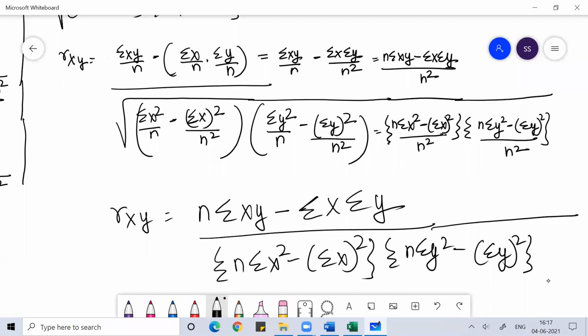And then it will get cancelled. So this is n square under root n square, that is n to the power 4. If you bring it outside, that becomes 1 by n square. Both will get cancelled. So this is one formula of r of xy.